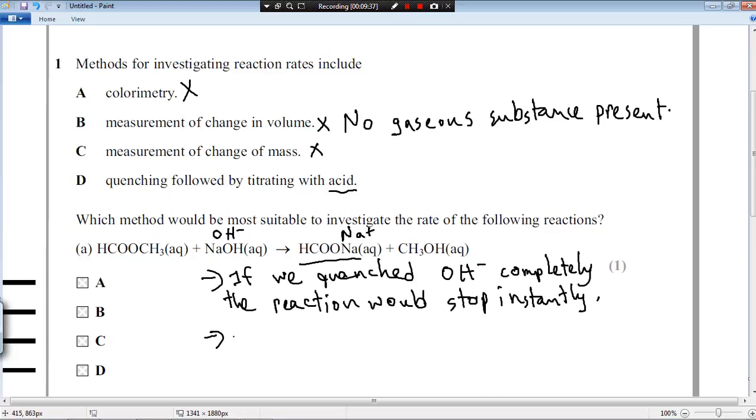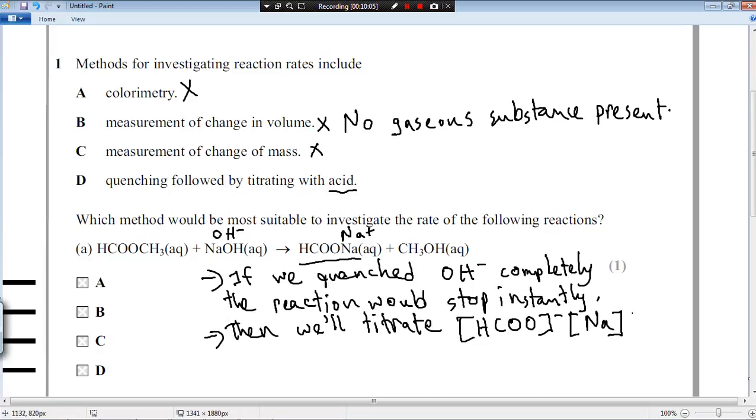Okay, so let me write this down over here. Then we will titrate this thing over here, HCOO minus. I do believe it is correct. If I am wrong, please let me know in the comment section.